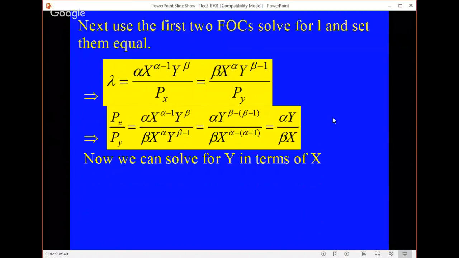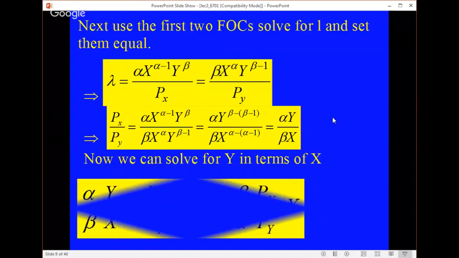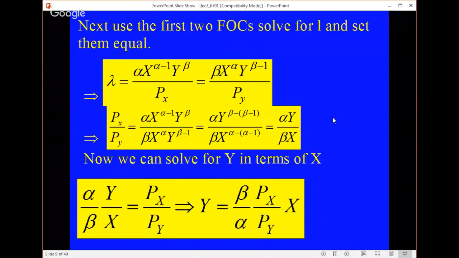So now I can solve for y in terms of x. I can do this for x in terms of y too. That's where we start. So I do the algebra with the ratio of prices, I solve for y, and I get y is equal to beta over alpha, px over py, times x.